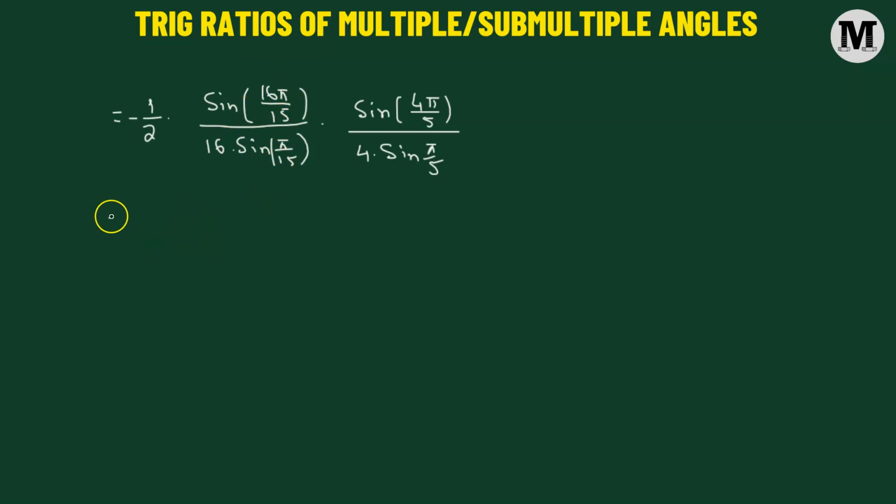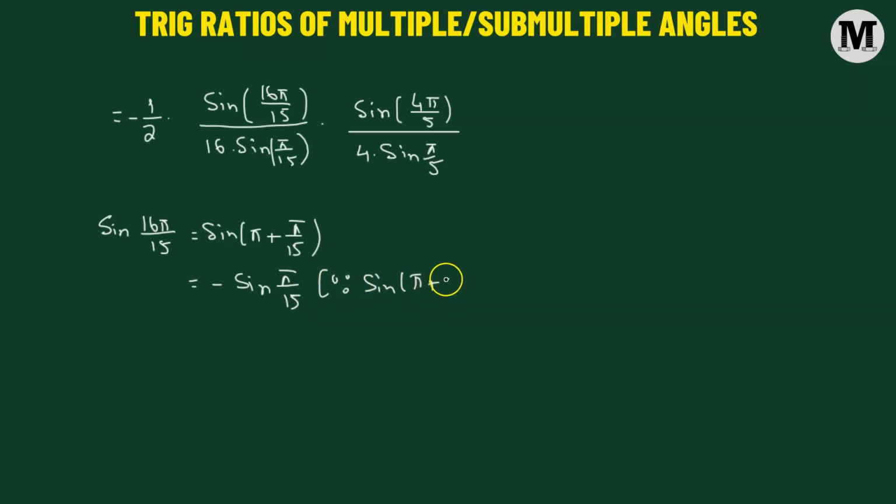So let's work with that. Sine 16 pi over 15 can be also expressed as sine of pi plus pi over 15. And sine pi plus pi over 15, that corresponds to negative sine pi over 15, using the fact that sine pi plus theta corresponds to negative sine theta, which means that sine 16 pi over 15 will be equivalent to negative sine pi over 15.